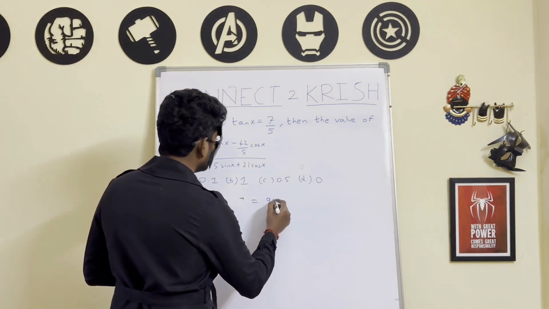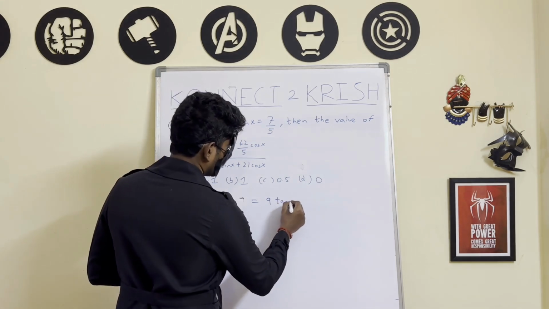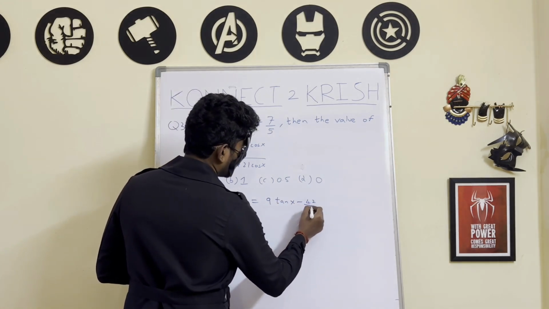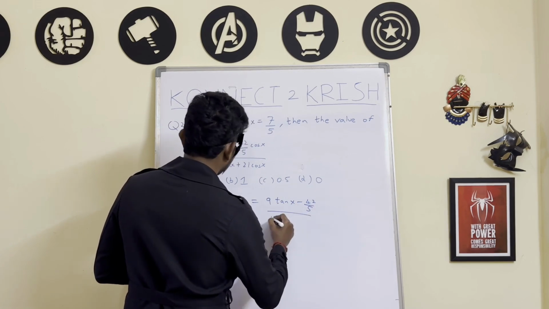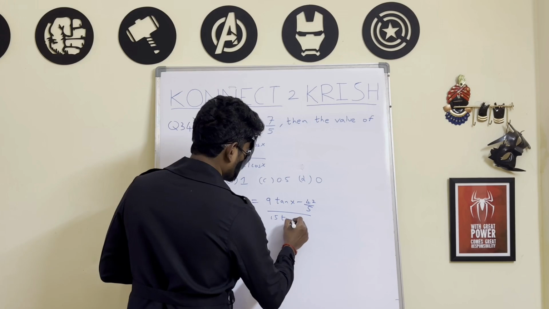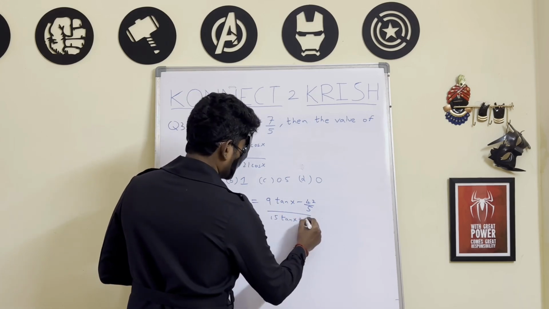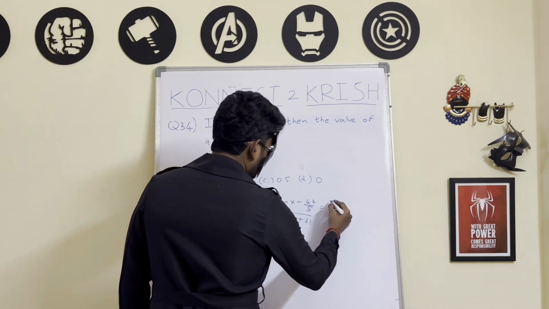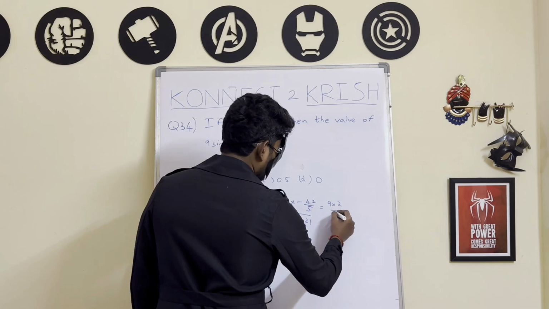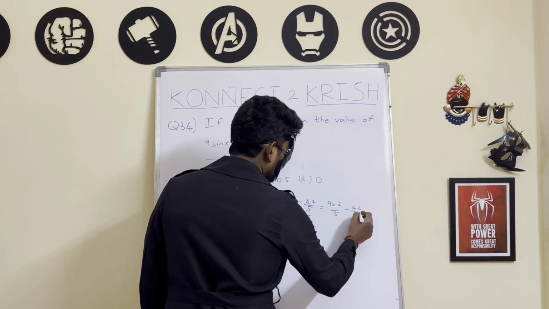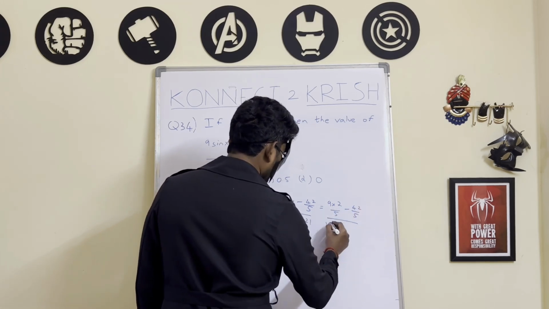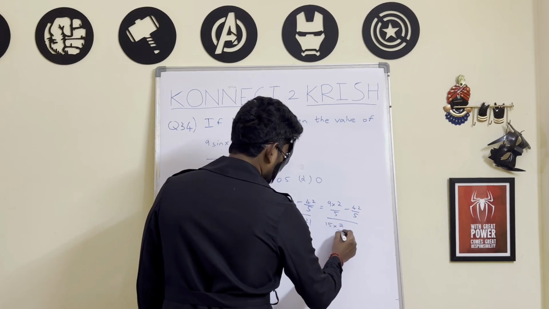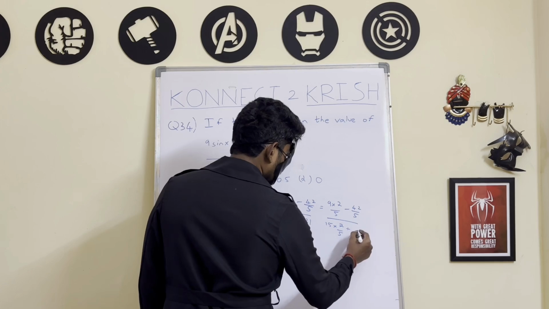This will be (9 tan x minus 42 by 5) by (15 tan x plus 21). Tan x value is nothing but 7 by 5. So 9 into 7 by 5 minus 42 by 5, by 15 into 7 by 5 plus 21.